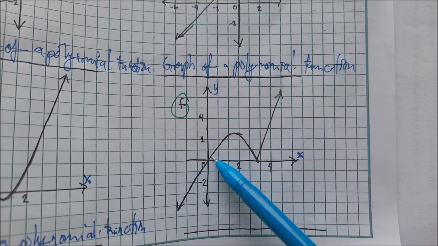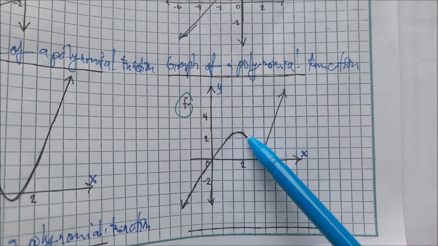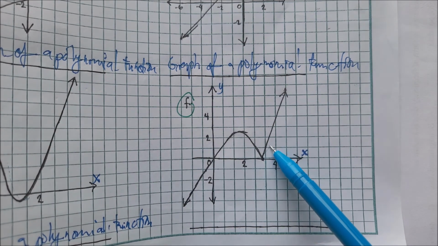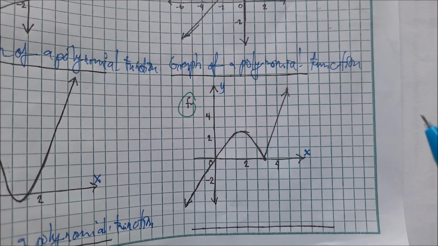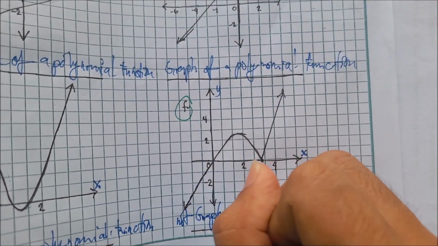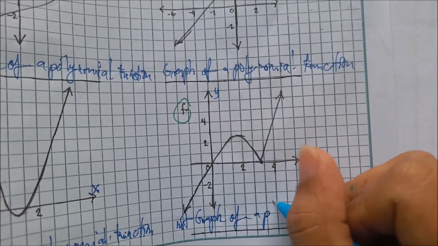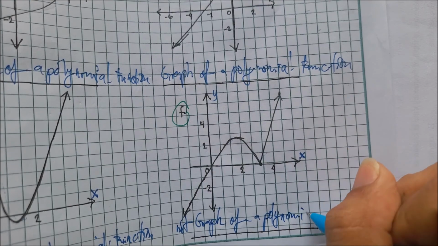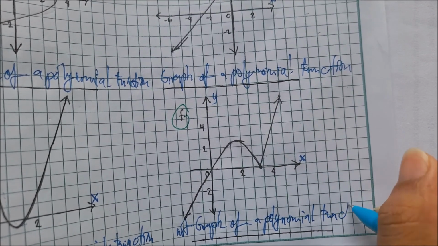Smooth at the highest point, and then there is a break or a corner in the graph. So it's called not a graph of a polynomial function.